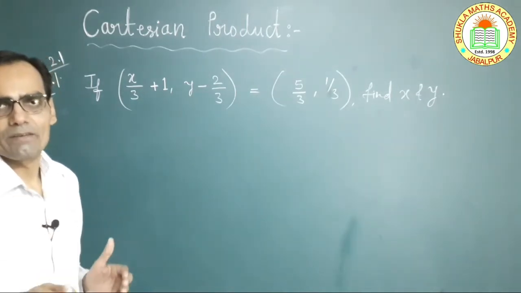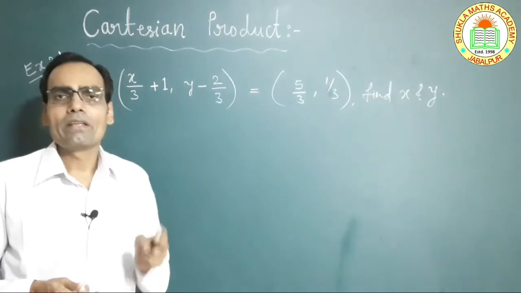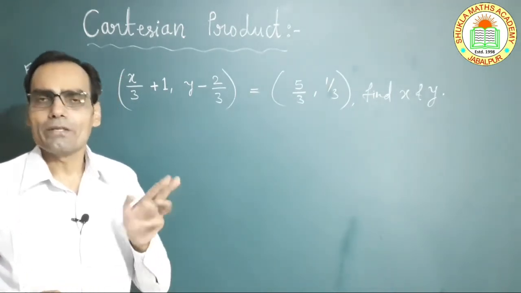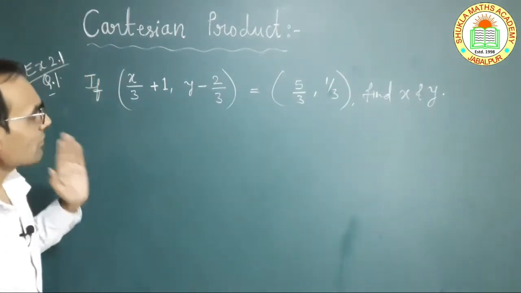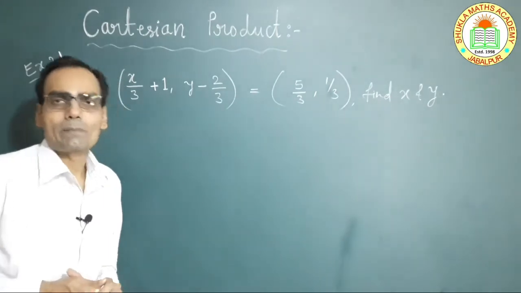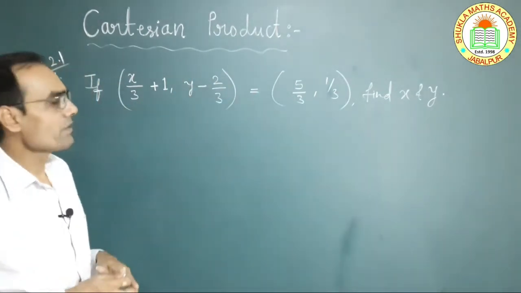The property is that two ordered pairs are equal if and only if their first and second elements are also equal. So in the given problem we have two equal ordered pairs, so by the property their first and second elements must also be equal.